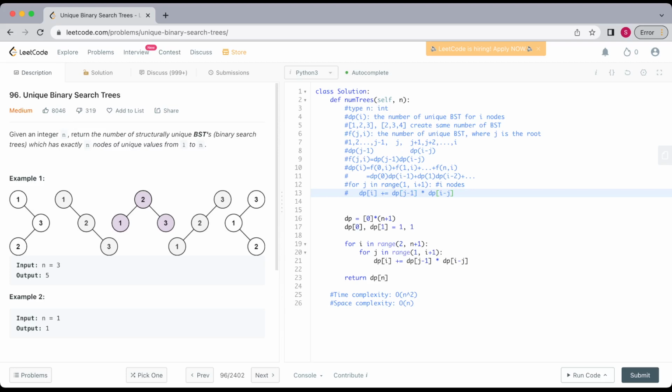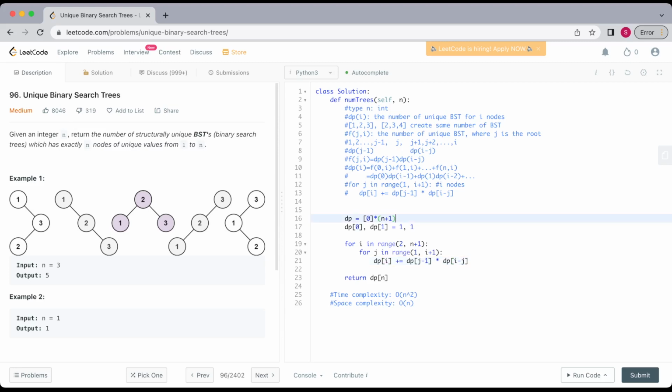So for each i nodes, we have dp[i] equals the sum of dp[j minus 1] times dp[i minus j]. So we can calculate dp[2], which is the number of unique binary search trees for 2 nodes, and dp[3] until dp[n]. Then we will have the list dp.